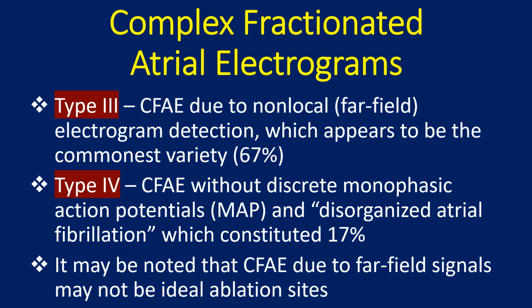Type 3, CFAE due to non-local or far-field electrogram detection, which appears to be the commonest variety, 67%. Type 4, CFAE without discrete monophasic action potential and disorganized atrial fibrillation, which constituted 17%. It may be noted that CFAE due to far-field signals may not be ideal ablation sites.